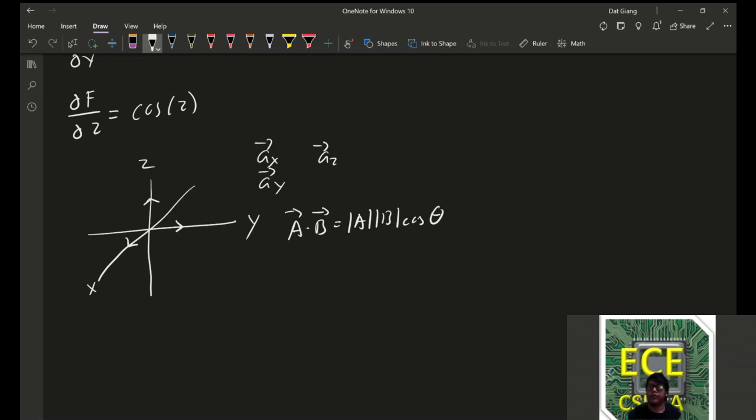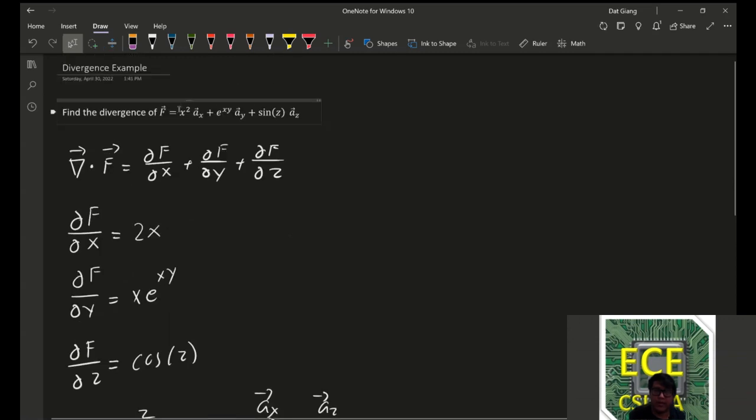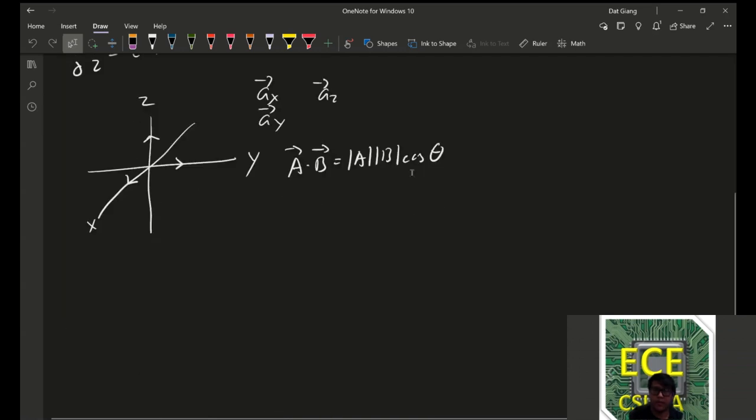So what this tells us is that the only time we're able to take a partial derivative is in the direction that we care about. So in other words, partial f, partial x, we're only acting on in the x direction. Similarly, for y, we're acting in the y direction, and for z, we're acting in the z direction.